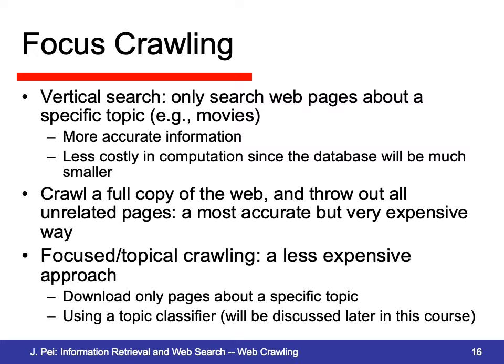What people do is that they try to conduct focused crawling, or called topical crawling. It is a much less expensive approach. The idea is that we can try to use a topic classifier, which is a machine learning approach, to direct the crawlers to download only relevant pages.